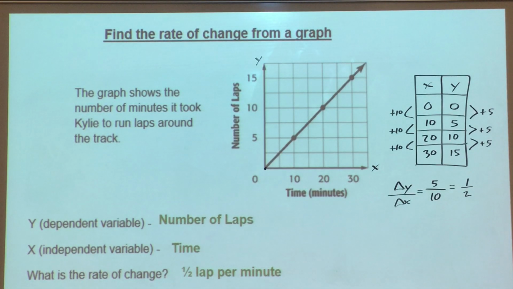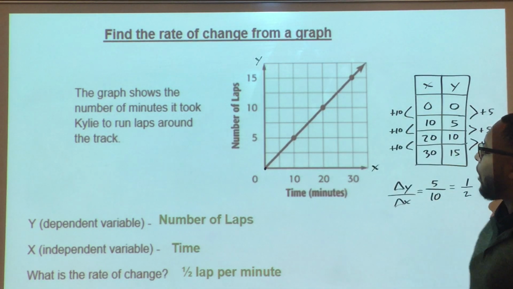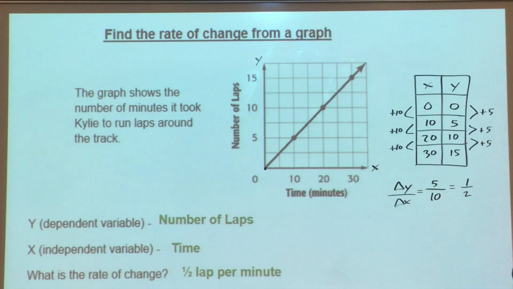Kylie is running half a lap per minute. Half a lap per minute. So this table matches this graph. It's just another way of expressing the same information, which is also going to be a big part of this unit.